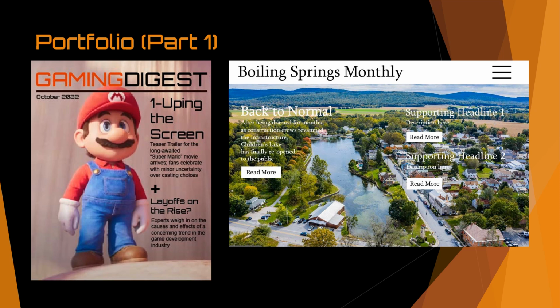In the magazine cover version of this, I did give the Boiling Springs monthly logo a shadow, but I felt that sort of effect was best reserved for logos at the time instead of all the text.